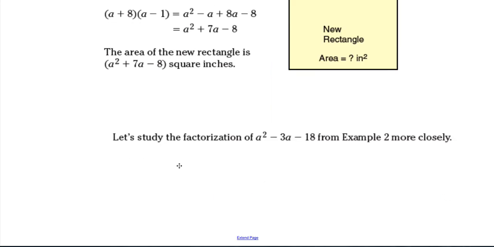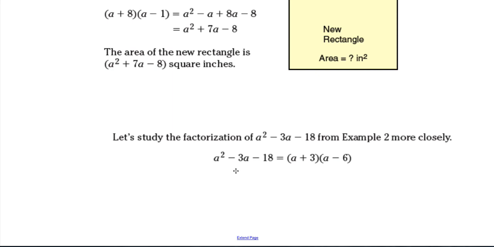Now, in the bottom paragraph of the book, this is exactly what I just told you about. Studying a squared minus 3a minus 18 more closely, when your quadratic term has a coefficient of 1, you don't need to group them.